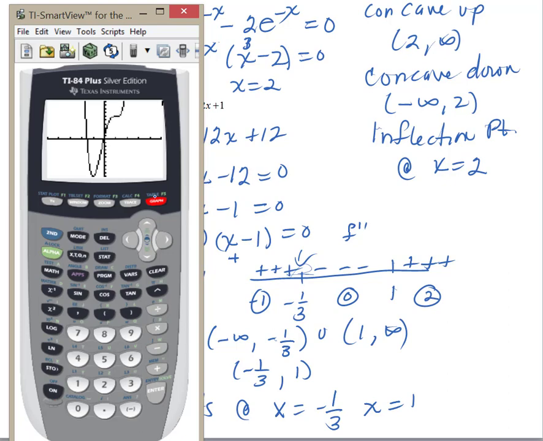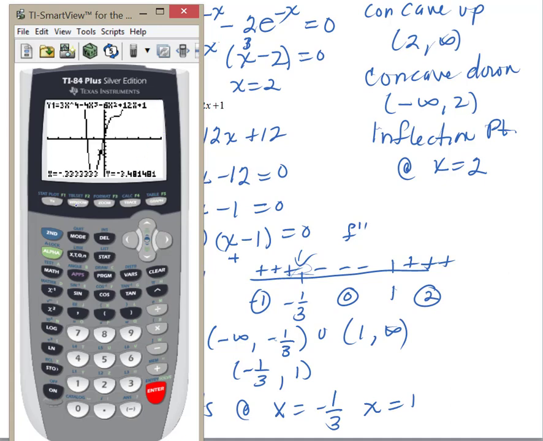All right, so when I look at my intervals, we claimed that the function was concave up from negative infinity to negative 1/3. So let's trace on negative 1/3. Right. And we can see there we are, and actually it's nice to have these values, but sometimes you have to change your y scale a bit.